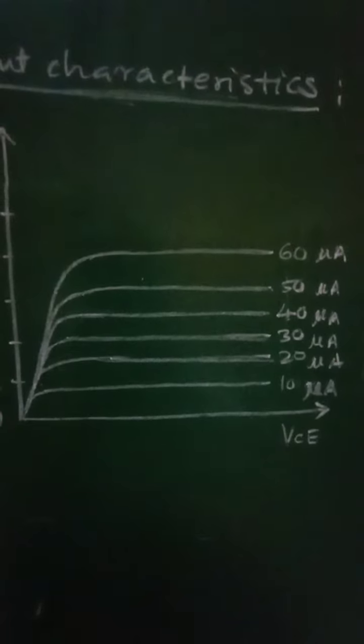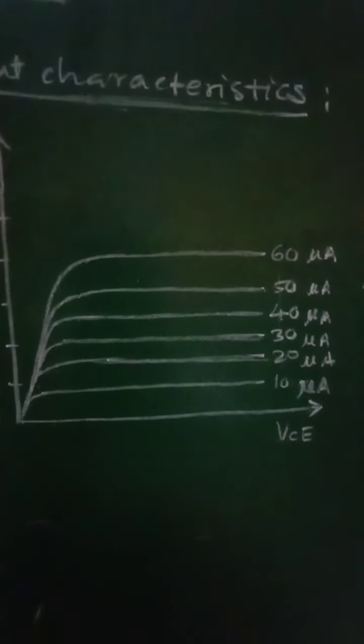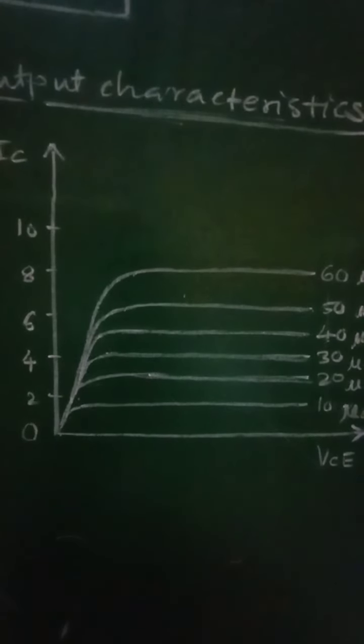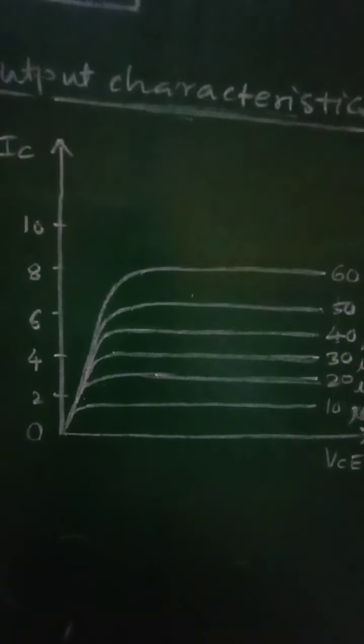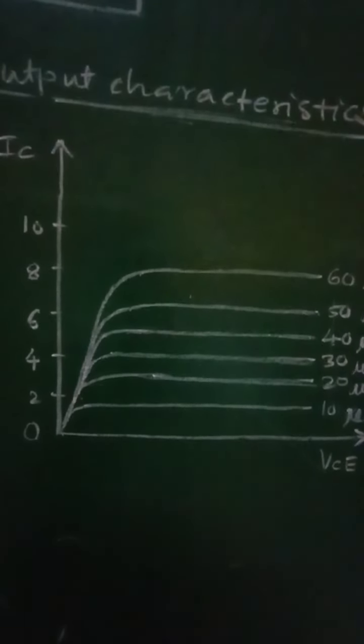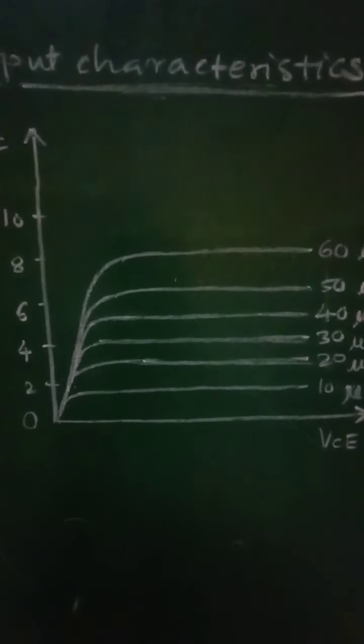So we can say that the variation of the collector current IC with the collector emitter voltage VCE when the base current IB is kept constant is called the output characteristics.